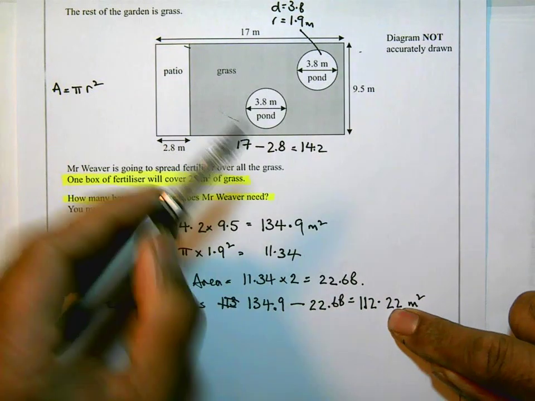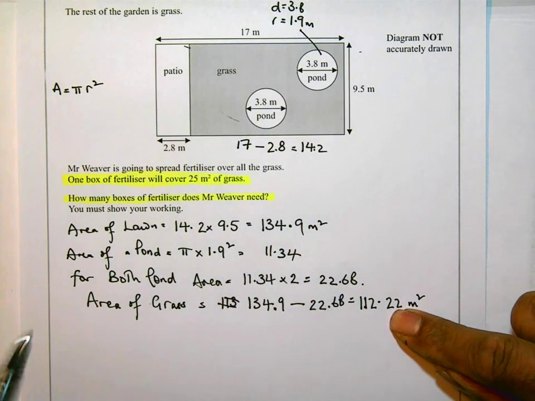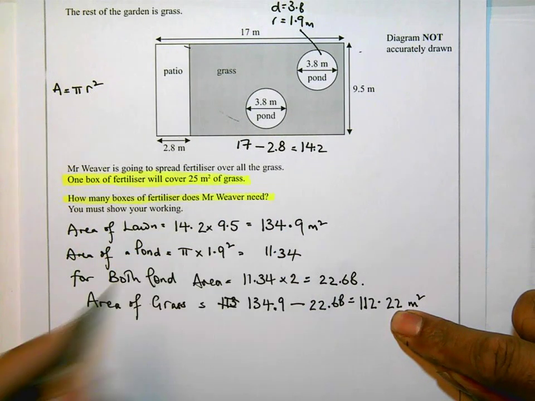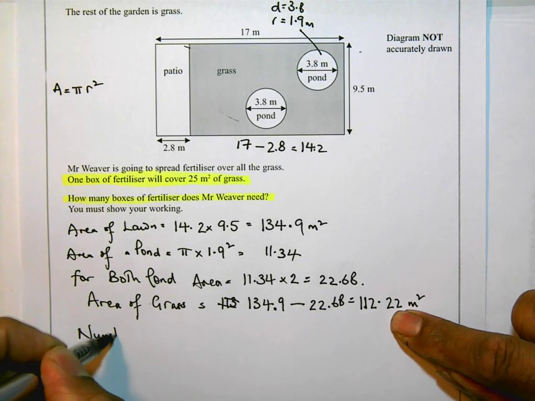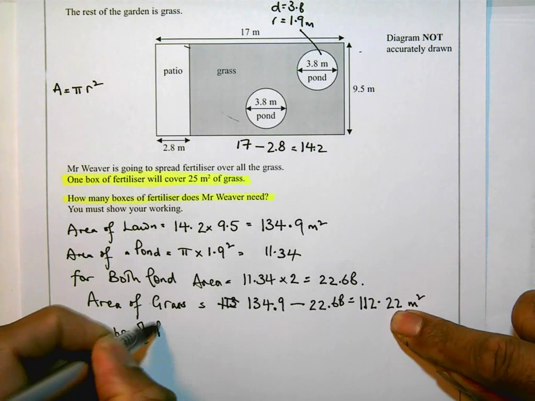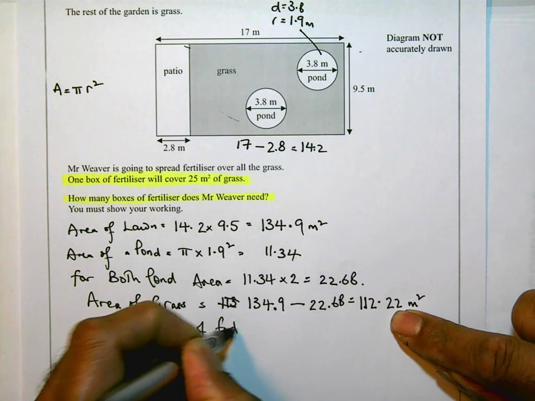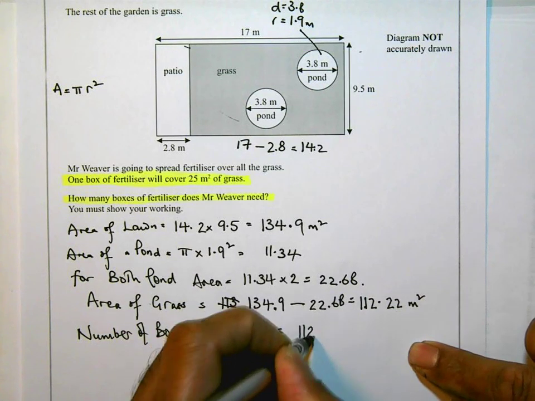So remember what the question wants us to find: how many boxes of fertilizer does Mr. Weaver need? So the number of boxes of fertilizer is equal to 112.22 divided by 25. Why?